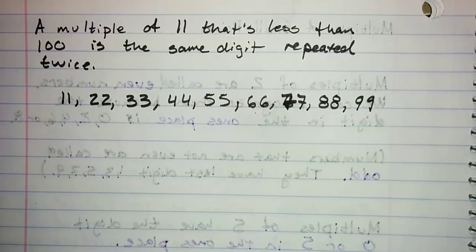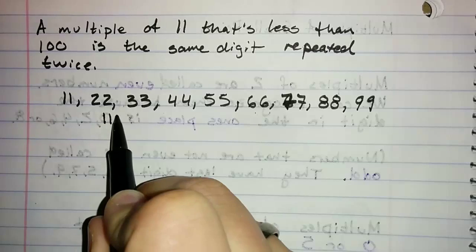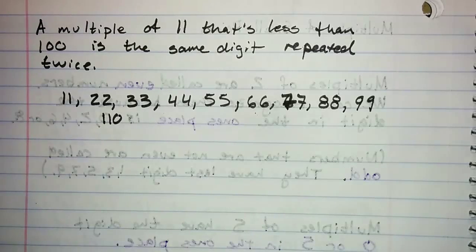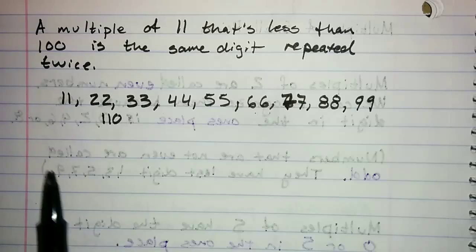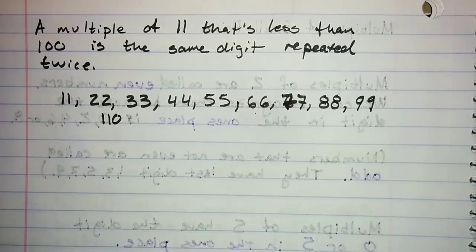After that, well, 110 is pretty easy. That's 11 times 10. 11 times 11 is a little bit trickier because when we multiply, there's some addition that goes on. So they're a little harder to spot after that. But these 9 will be very useful to us.